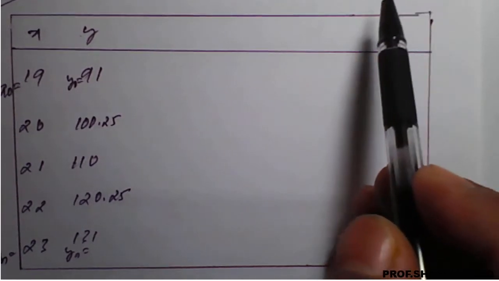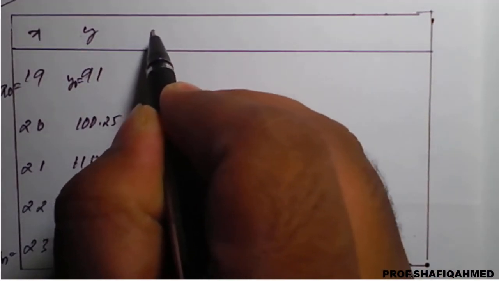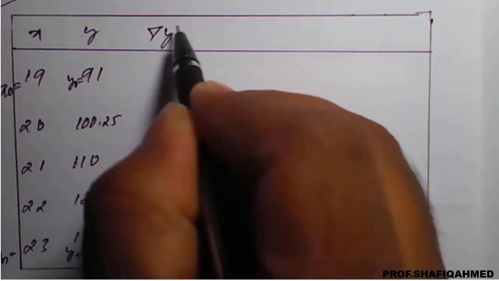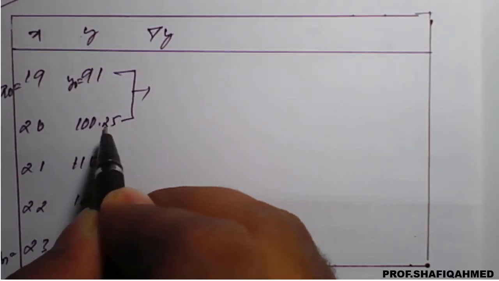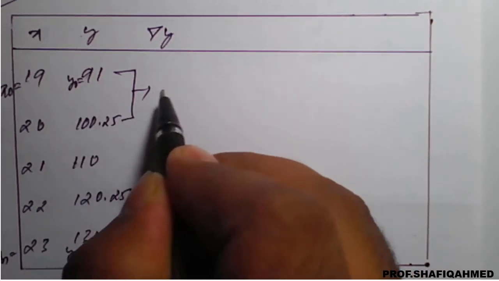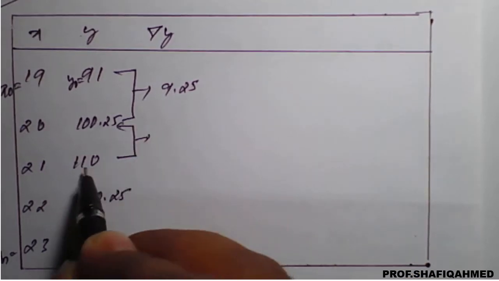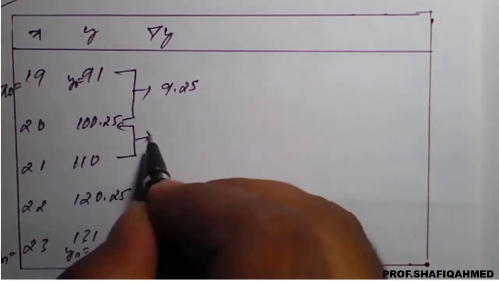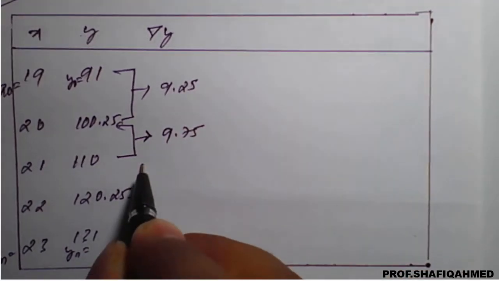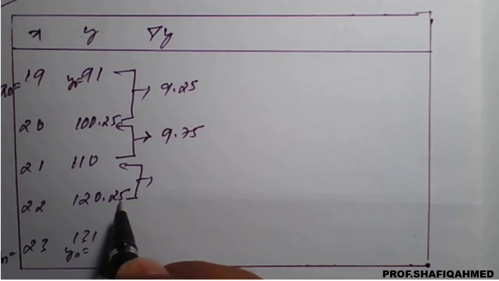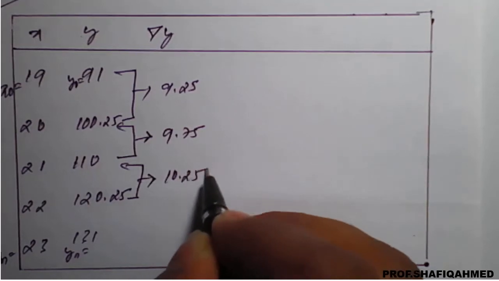Now, we need to find 25.4, that is nothing but backward. The backward symbol is nabla of y. So we need to subtract these values. 100.25 minus 91, we get 9.25. 110 minus 100.25, we get 9.75. 120.25 minus 110, we get 10.25.